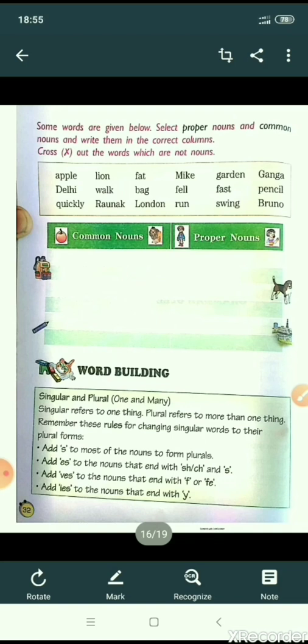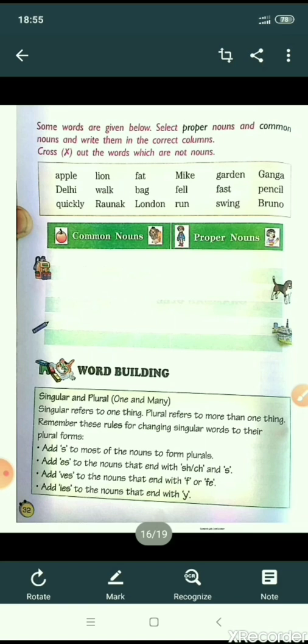Then London. London is a proper noun because it's a name of a particular city. Then run. Run is not a noun. We will cross it. Then swing. Swing is a common noun. Children, swing is also a verb and noun. When you move backward and forward repeatedly, it is called a swing.